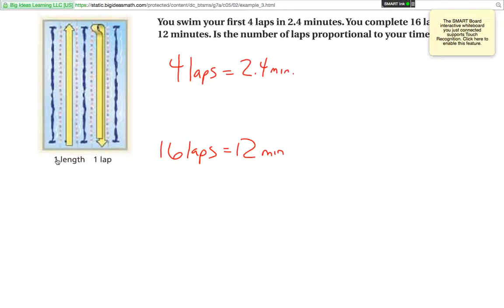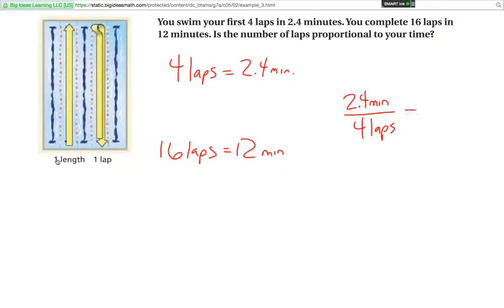They want to know, are these ratios proportional? Let's set it up a little easier. I'm going to put minutes on top for the first one. So in 2.4 minutes, I did 4 laps. Is this equal to the 12 minutes that I did those 16 laps?